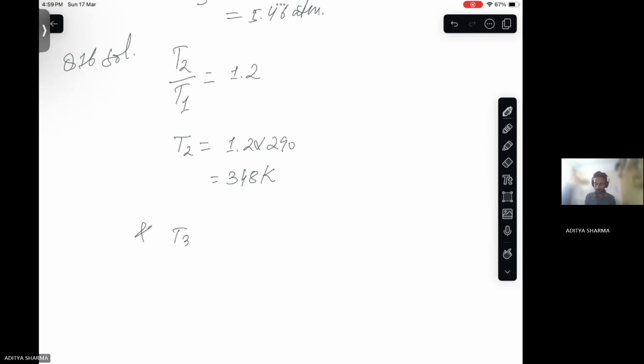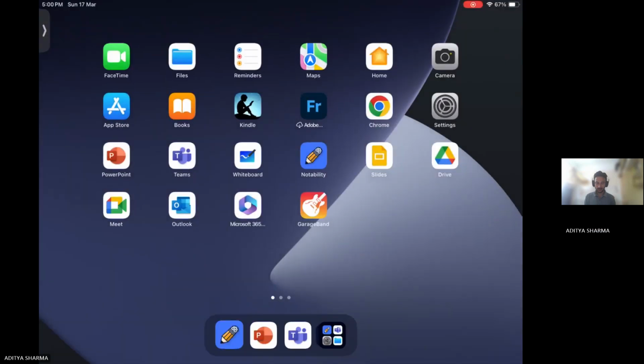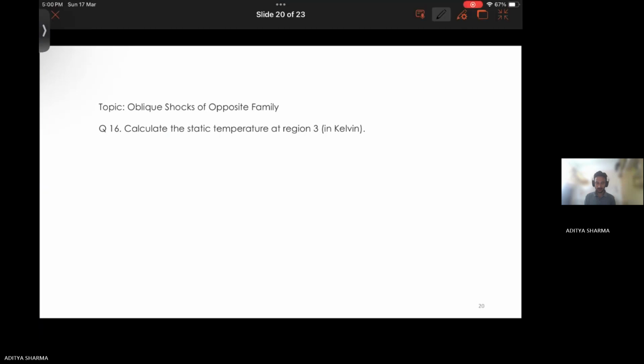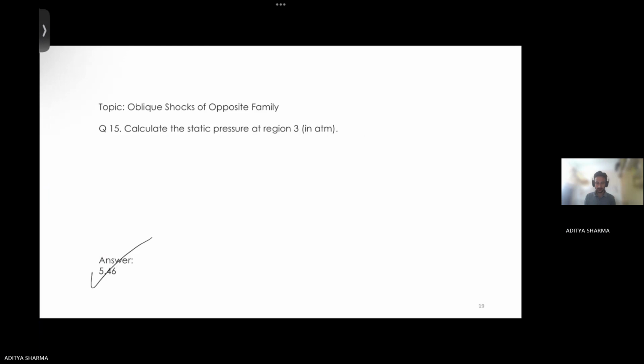And then for the second oblique shock, the upstream region is 2 and the downstream region is 3. So for that, T3 by T2.